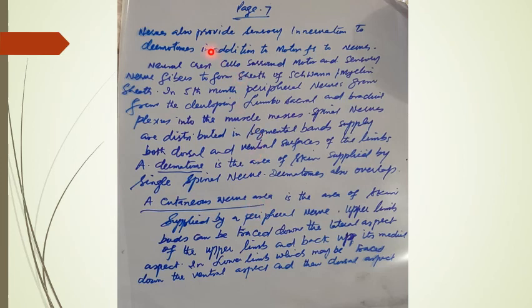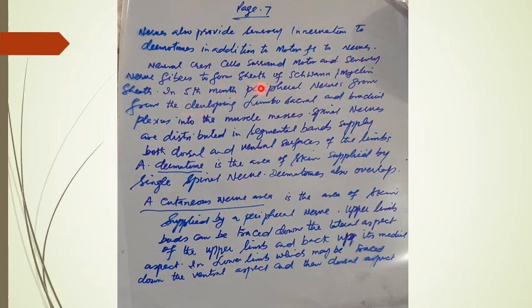In development of the limbs, nerves also provide sensory innervation to the dermatome, in addition to motor fibers to the muscles. Neural crest cells surround the motor and sensory nerve fibers to form the sheath of Schwann, or myelin sheath.